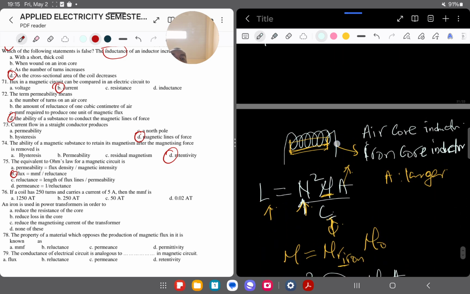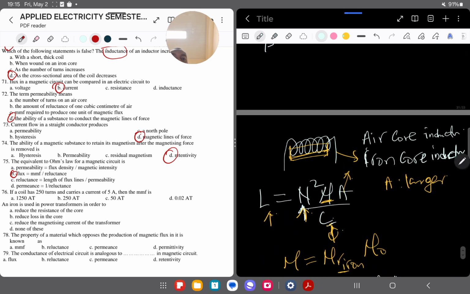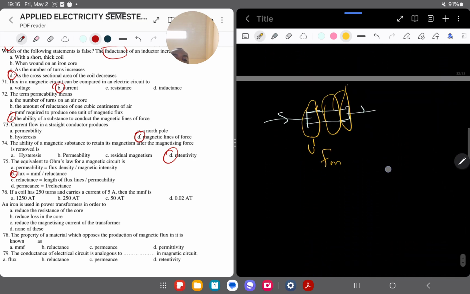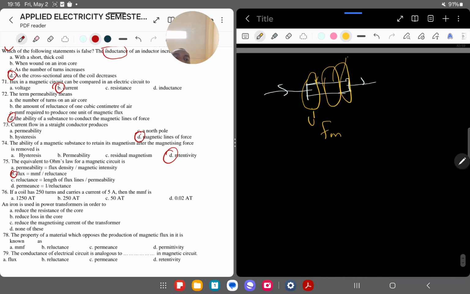Let's say you have current I passing through, and the number of turns is N. So Fm, the magnetization force or MMF, is equal to the current times the number of turns.